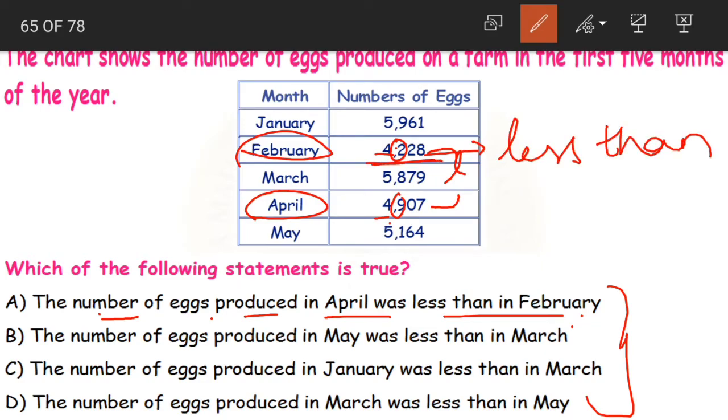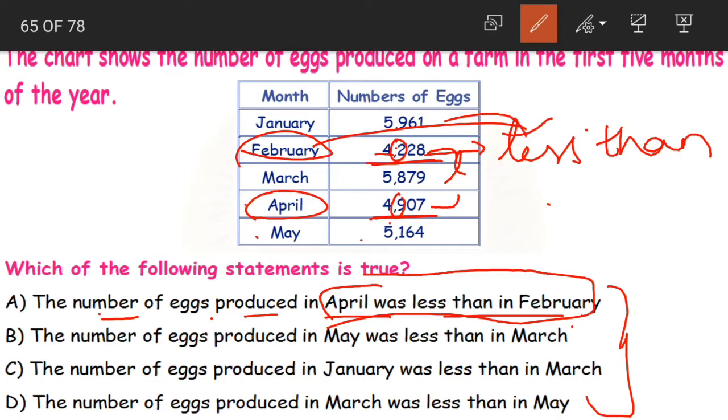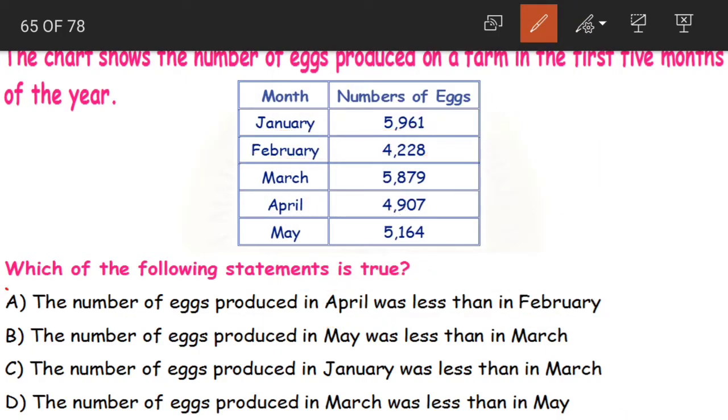So, 4,228 is less than 4,907. Now, in February, it is less than April. But what are they saying? April was less than February. Is it true? No. February is less than April. So, first statement is false.